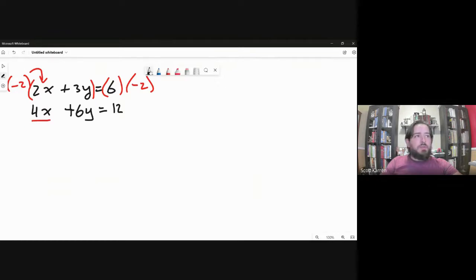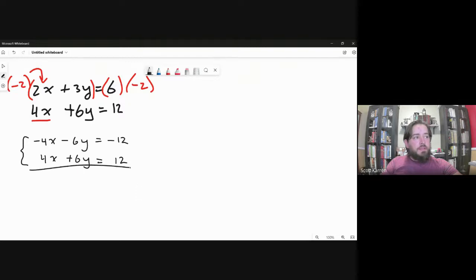So my new system here becomes -4x minus 6y equals -12. And then the other guy stays the same. The second equation stays how it is, 4x plus 6y equals 12.